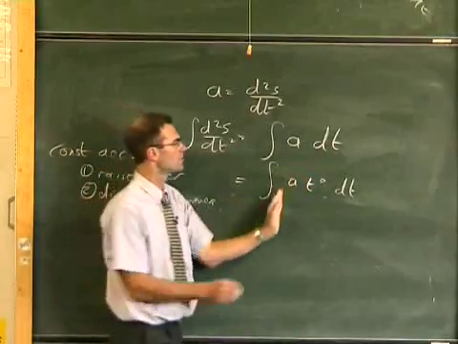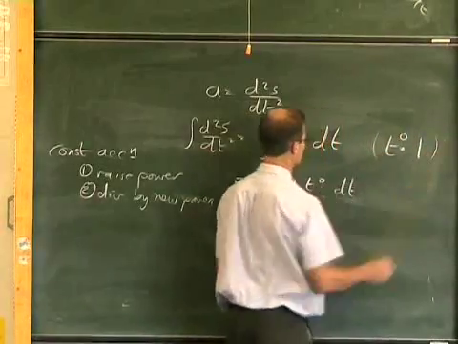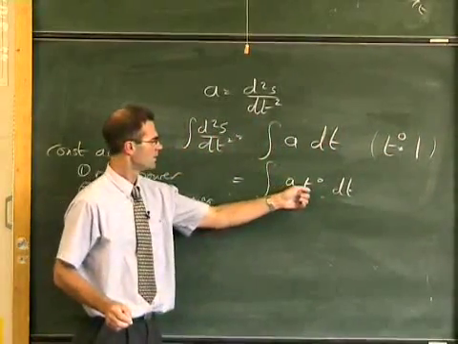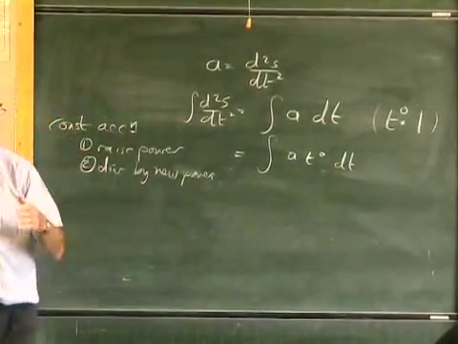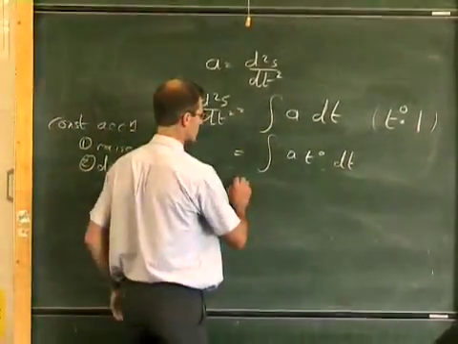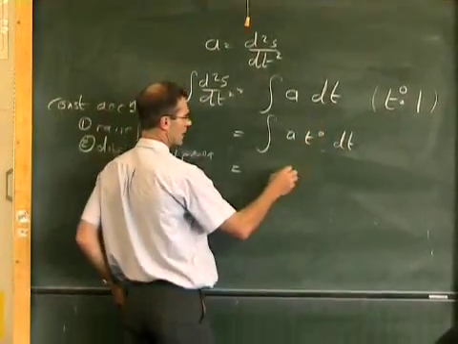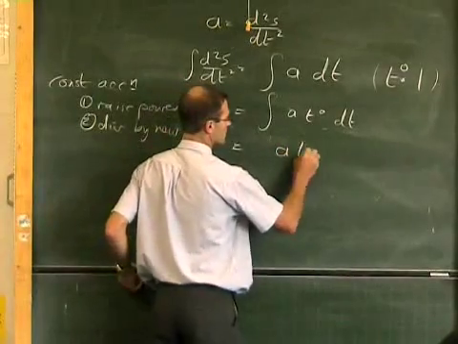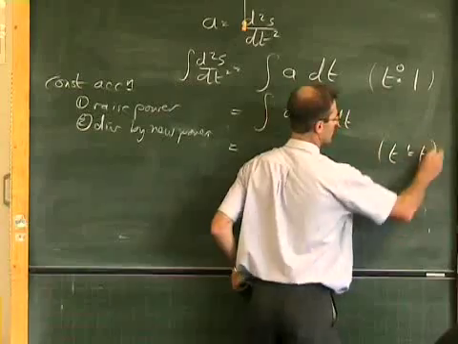Because t to the power 0 is equal to 1, it's effectively a times t to the power 0 dt. If you integrate a constant, you're effectively raising the power of t to the 0. You're putting it up one power, so we've got a times t to the power 1. T to the power 1 is just t.